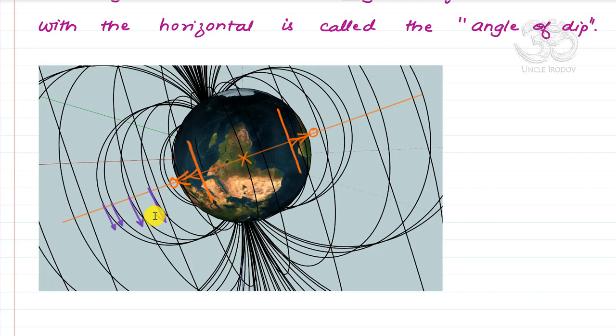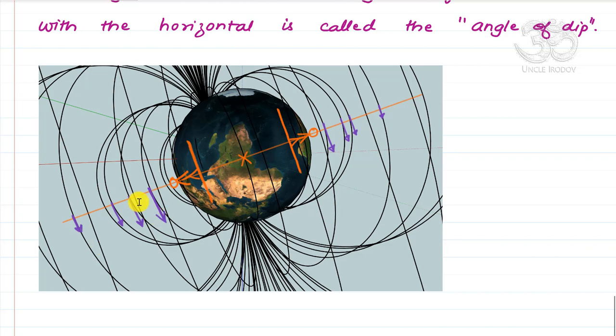The reason behind decreasing the size of the arrowheads as I go up is that the magnetic field becomes weaker and weaker as I go away from the Earth's surface. And this person will say that the field lines are again like this, like this, like this probably. So that's how the field lines are.